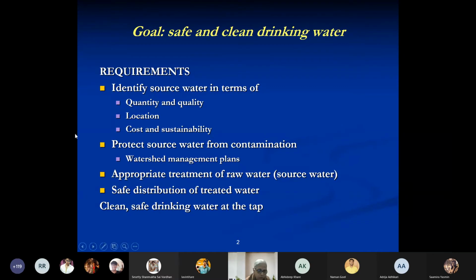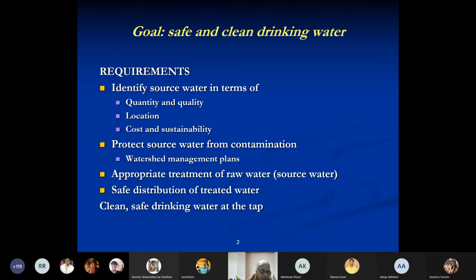These are called watershed management plans. You have to have a watershed management plan to ensure that, whether it's surface water or any other source of water, the water will remain free from contamination in the future. So that's a very important point for our country.